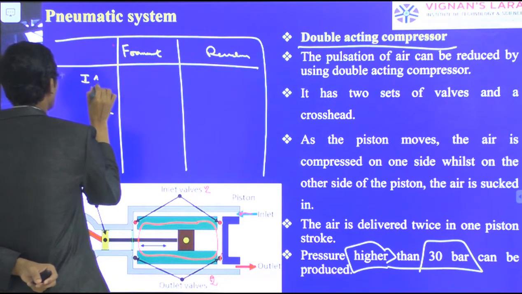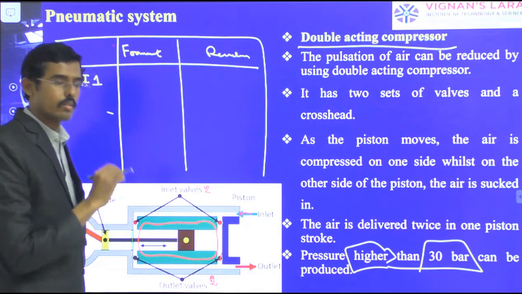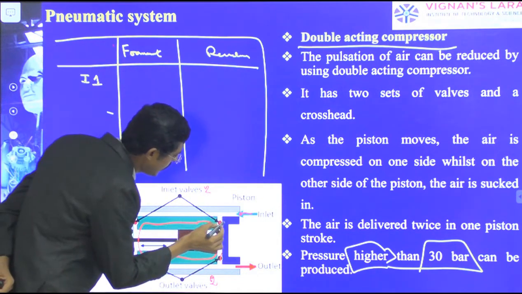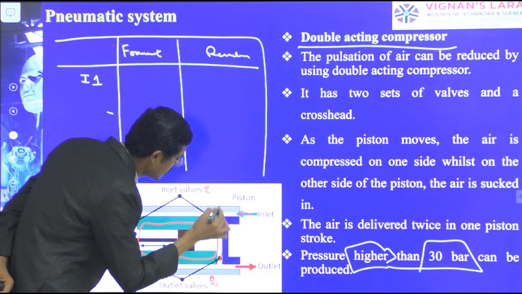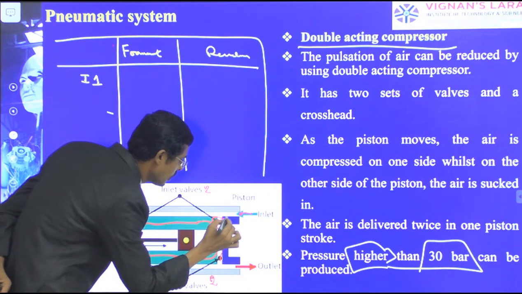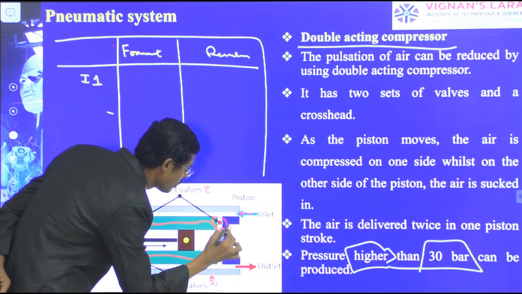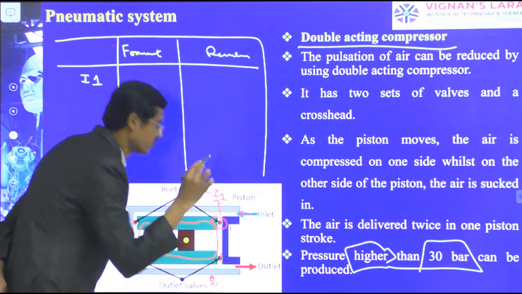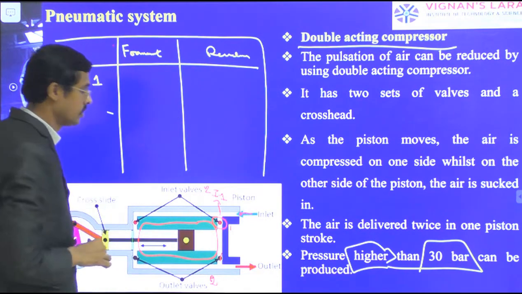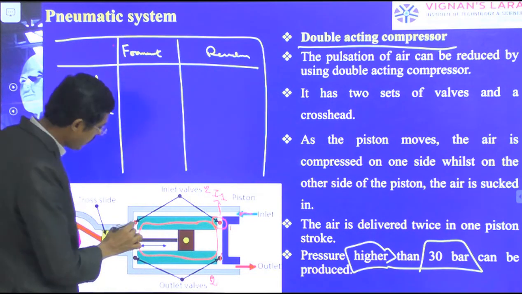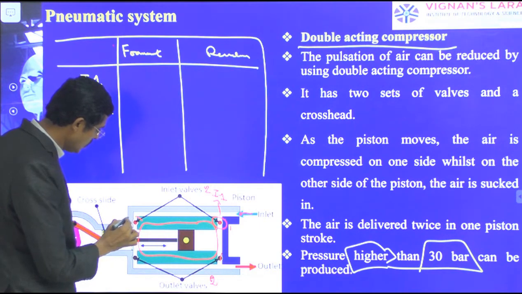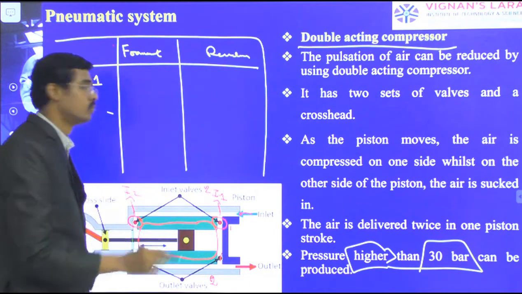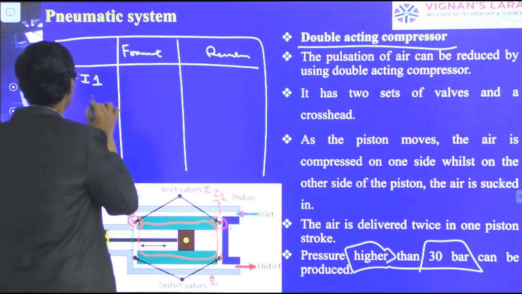I am marking here as I1, inlet 1. I am taking this portion as inlet valve 1, writing it as I1. Again, this one I am marking as I2.